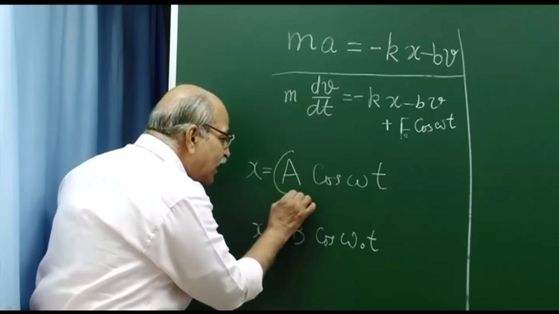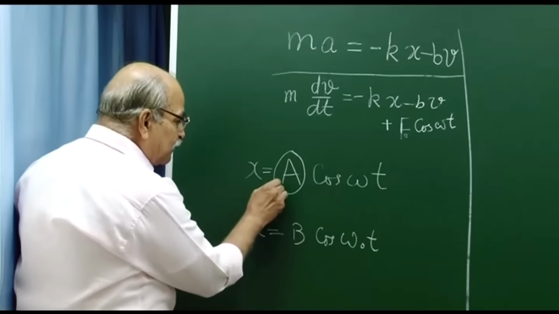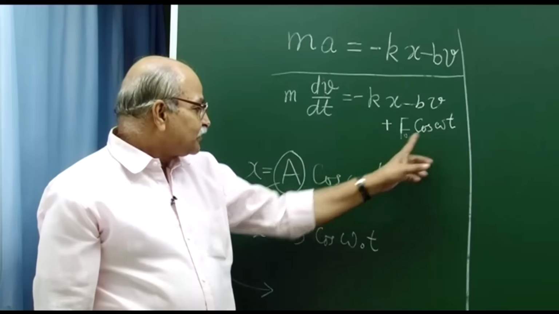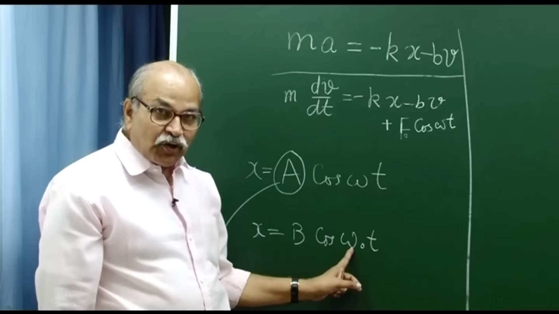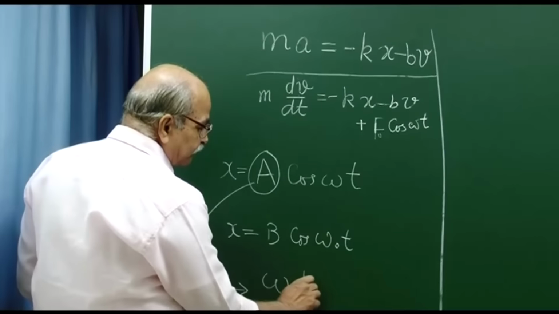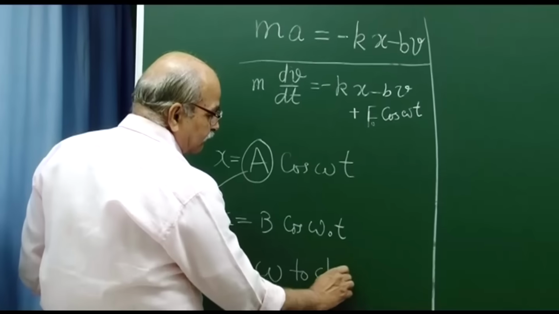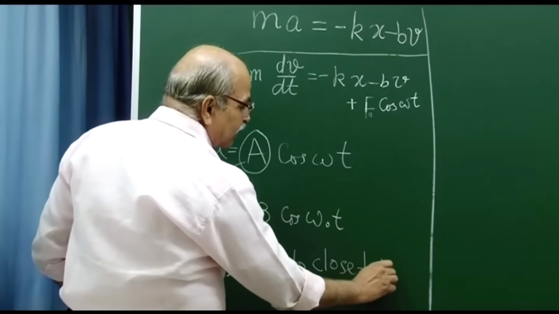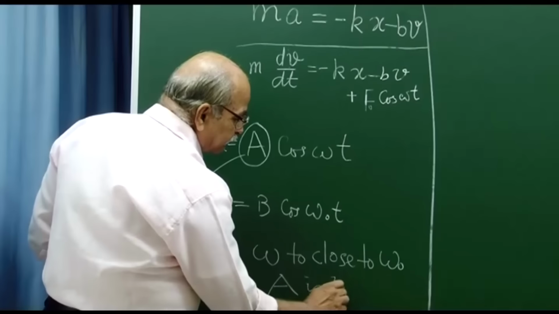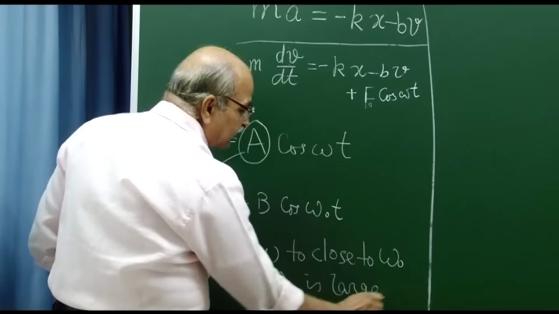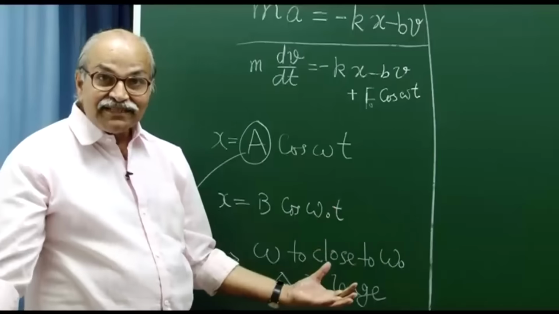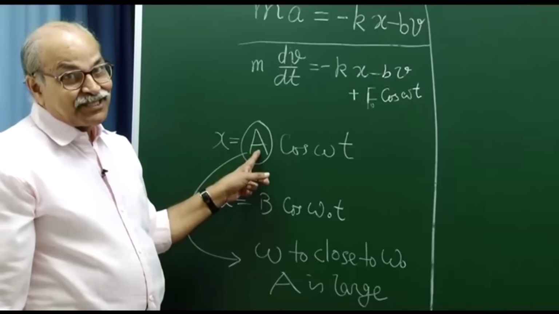And what is this amplitude A? This amplitude A depends on the relation between this omega and this omega naught. If omega is close to omega naught, this A is large. And if omega and omega naught are widely different from each other, then this amplitude is small.